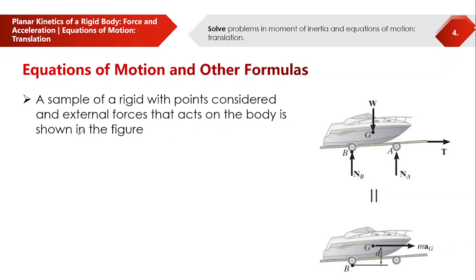Okay? So a sample of a rigid body with points, considered an external force that acts on a body, is shown in the figure. So you have tension pulling your boat, then your boat has a weight, and you have a normal force at point B and point A. Then you have your kinetic diagram; since the tension force is to the right, you can have it here.